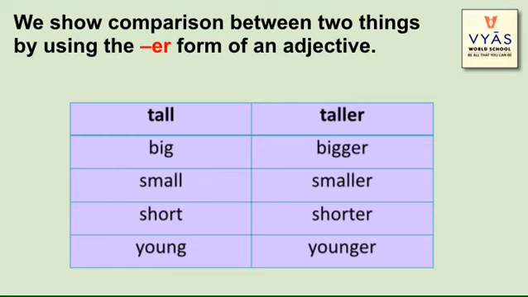When we are comparing two things or two people, then we use the ER form of an adjective, like tall changes to taller. One boy is tall, the other is taller. Big, bigger. Small, smaller. Short, shorter. Young, younger. So we use the ER form of an adjective to show the comparison between two things or two people.